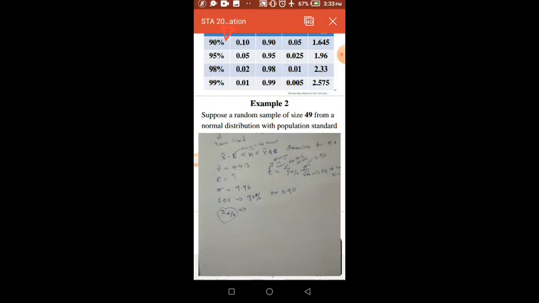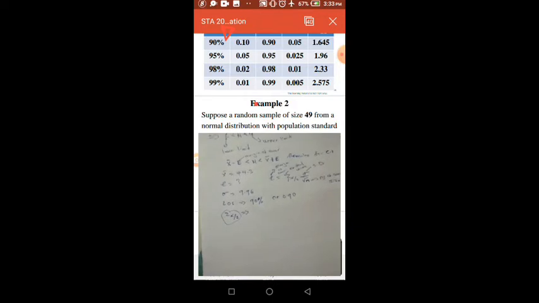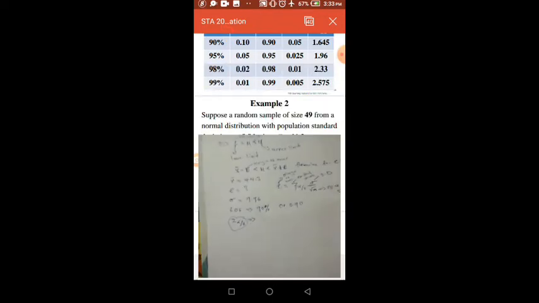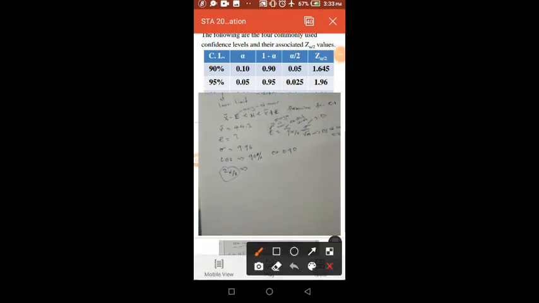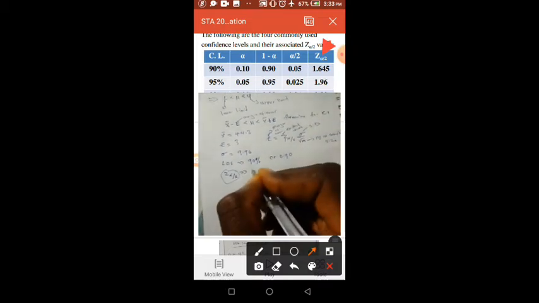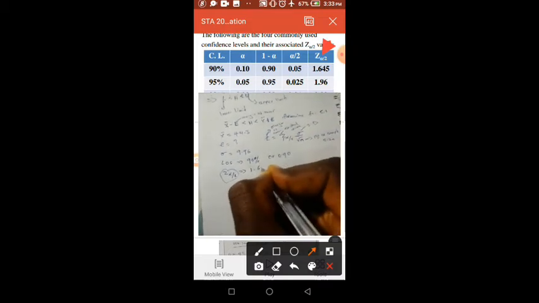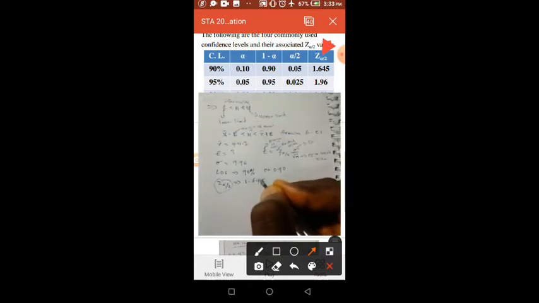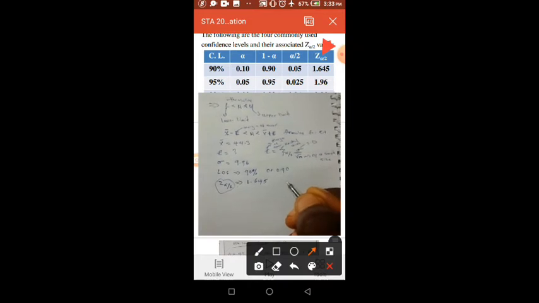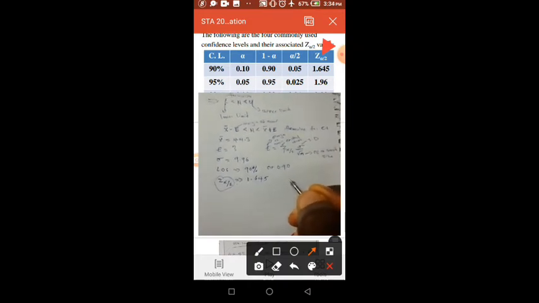So our critical value will be 1.645. There's a way you can check this with the table, but I'm not working with the table now. If you need it, you can comment below, and I will drop the video very soon.